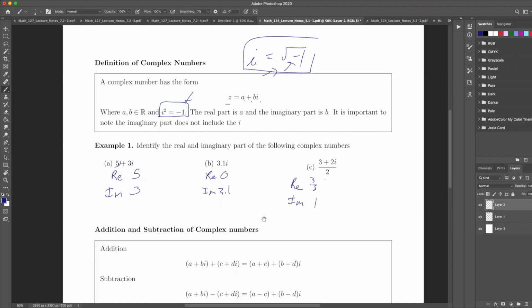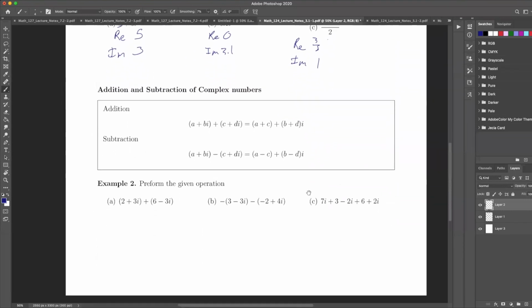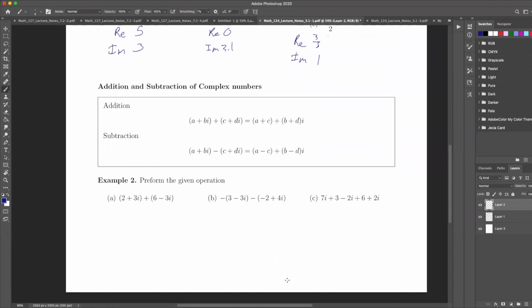All right, so when we're adding, let's go through this. I'll do 2 of them with you. I'll have you guys do C. If you're adding or subtracting complex numbers, you just add up the real parts. So here, if I'm adding this complex number plus this complex number, I just add up the reals, a plus c, and that's my new real part.